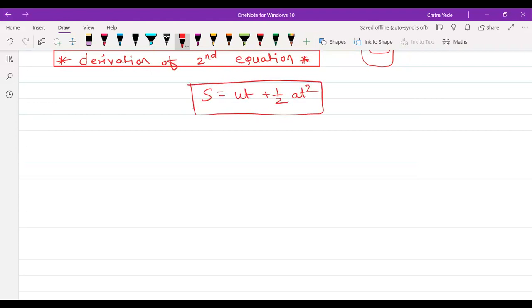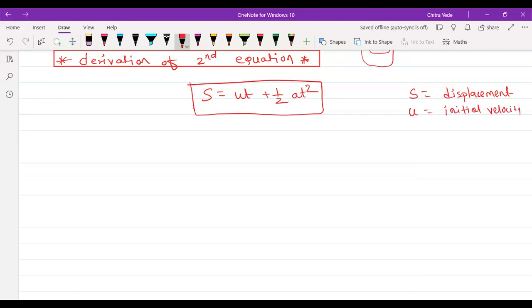Here s is what? Displacement. u is what? We already discussed: initial velocity.